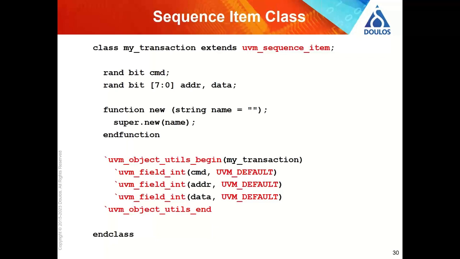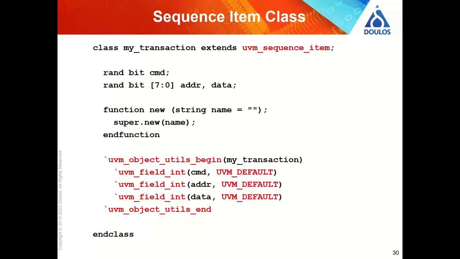Now, to register my transaction with the factory, we're using a UVM object utils macro rather than UVM component utils, and that's because the constructor is different. The constructor for a component takes 2 arguments. The constructor for objects only takes 1 argument. So when this gets registered, the create function needs to call a different new.